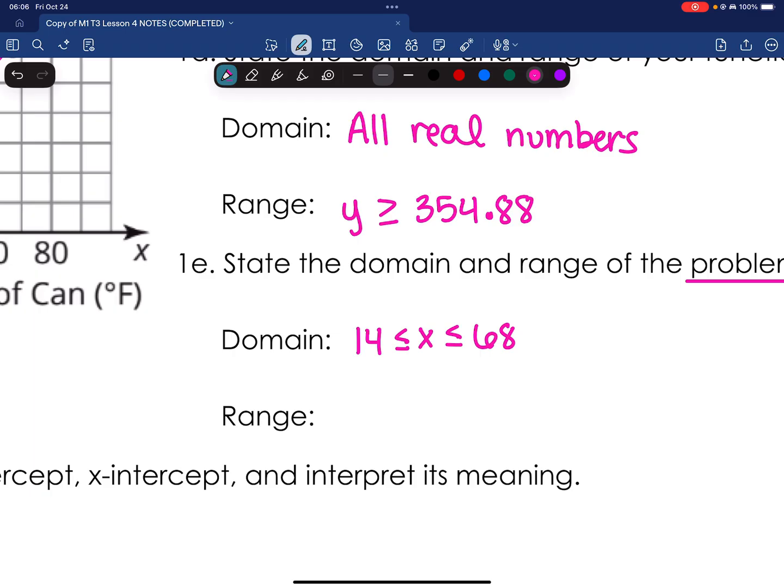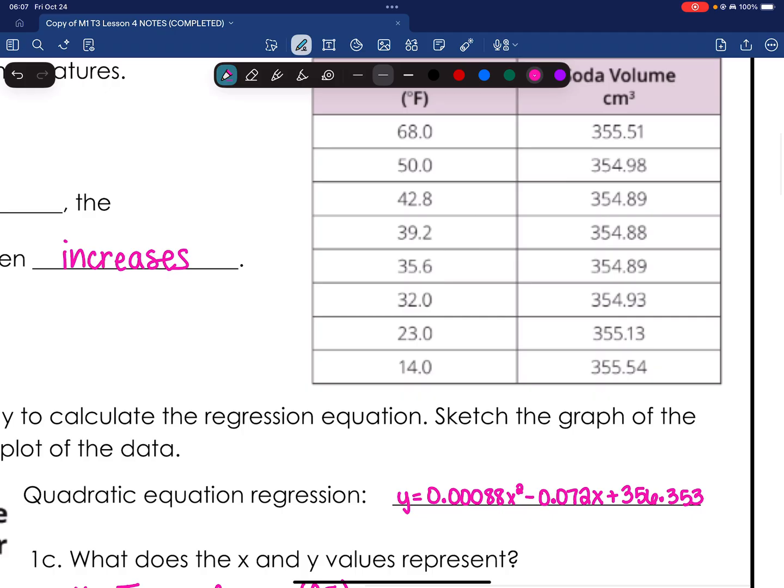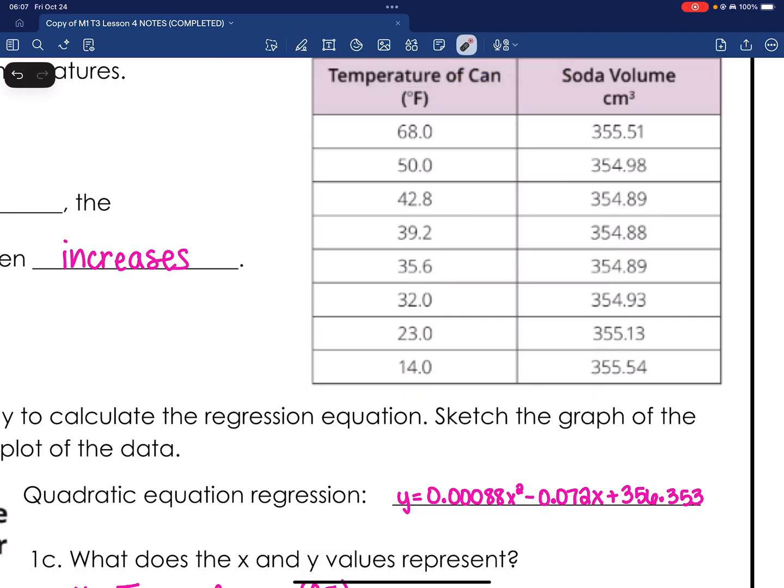Our range, we need to find the smallest y value and the biggest y value. So the smallest y value is 354.88. The biggest y value is 355.54.